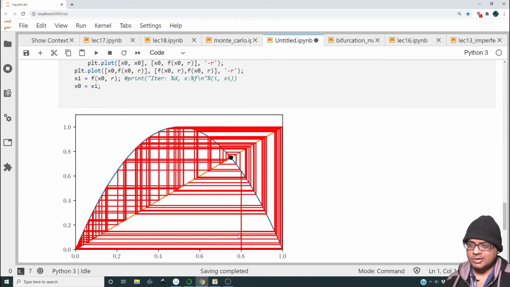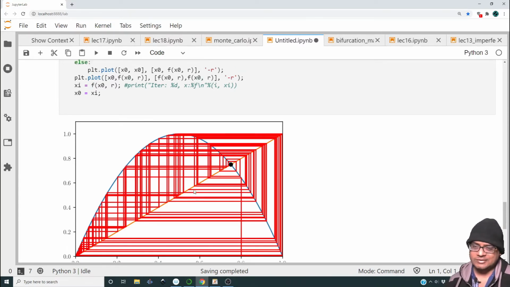So at 4, it's going all over the place, and this is something quite bizarre to see. For the uninitiated, you will feel that things will be very well behaved, but it seems to go all over the place. It's not converging to the fixed point.